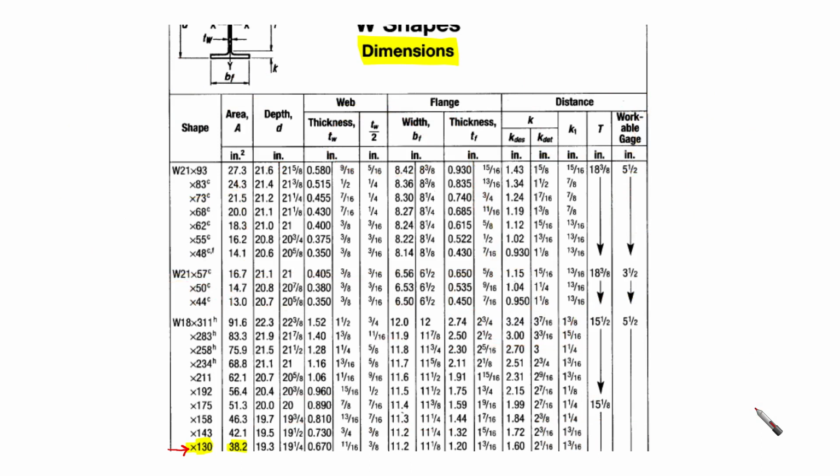Let's have a look at the table here. This is the dimension table, and these are the shapes that you are going to check. You are going to find that for W18 by 130, there is nothing here. There is no designation or superscript that is giving you C. For example, look here at this shape.